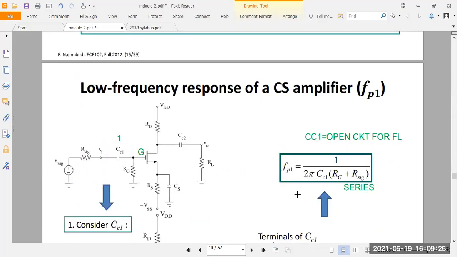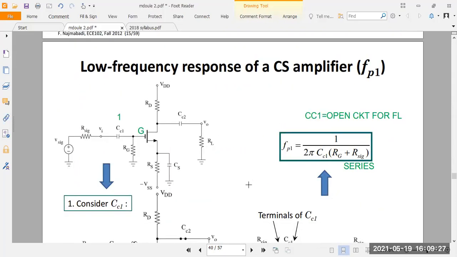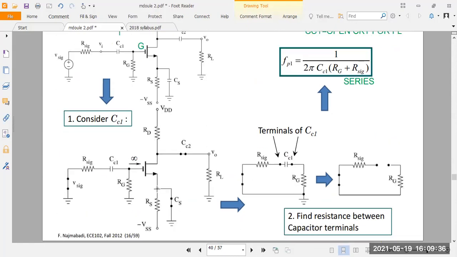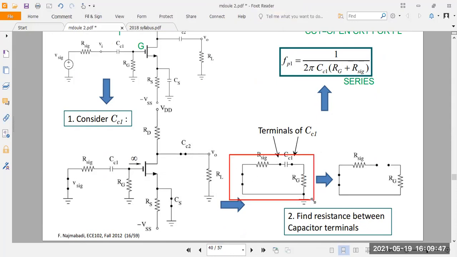So you can find each pole frequency by taking the equivalent circuit. See here, this is the circuit diagram. For the common source amplifier, you take only the gate terminal first. The gate terminal gives the first frequency pole. On the gate side we have three components: R signal, CC1, and RG. Write the same in the equivalent circuit. In low frequency response, the capacitor is treated as an open circuit. When it is open, R signal and RG act as a series connection.